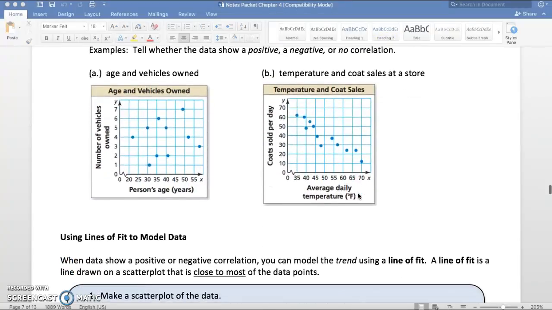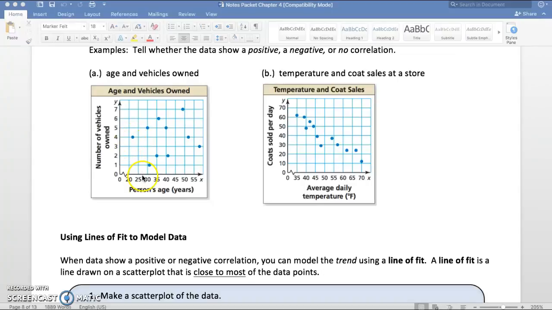So here we look. Letter A, age and vehicles owned. So we look at the number of vehicles owned and the person's age over the years. Okay? So at age 20, there's not very many people owning cars. 25, between 20 and 25.